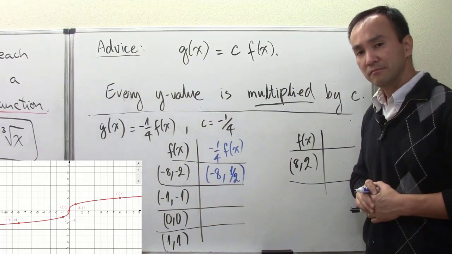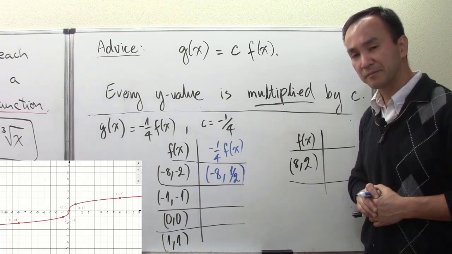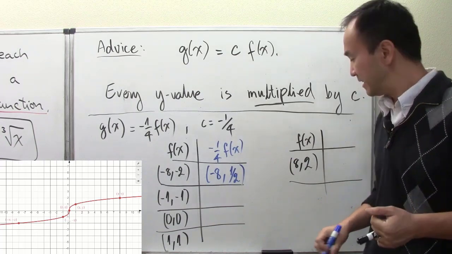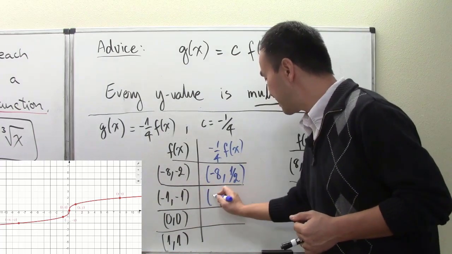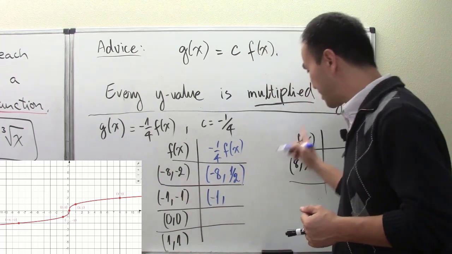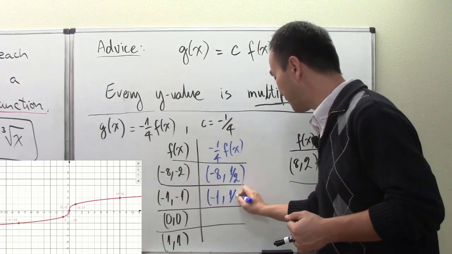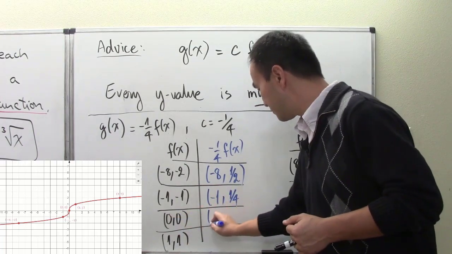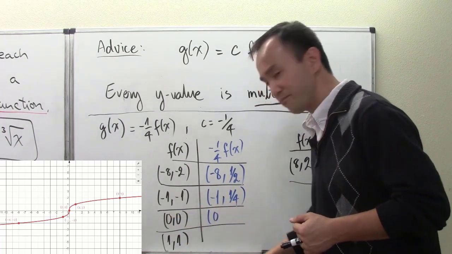Okay, -2 times -1/4 is a positive 2/4, which is 1/2. For the next pair, -1 stays the same because it's the x value. -1 times -1/4 is a positive 1/4. And then 0, 0: the x value stays the same.